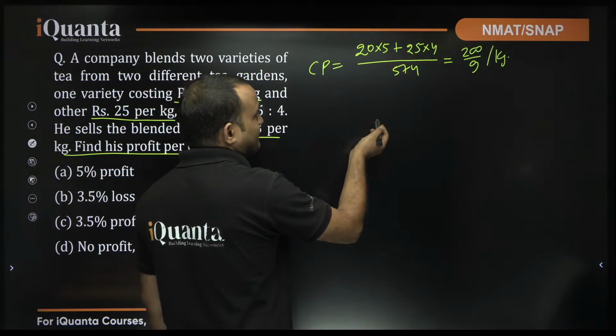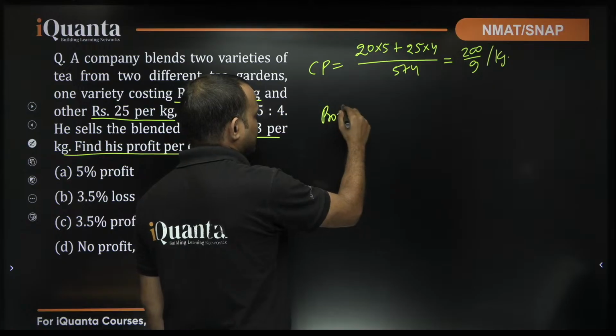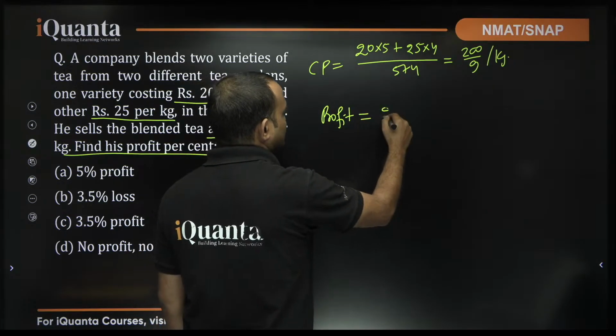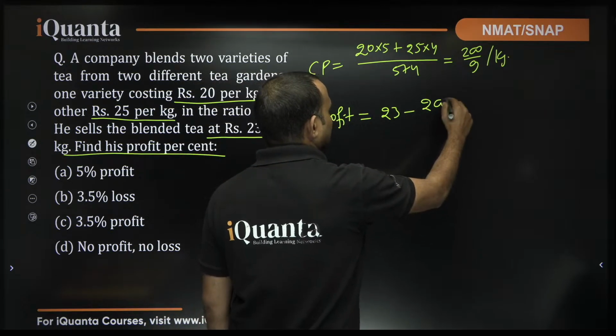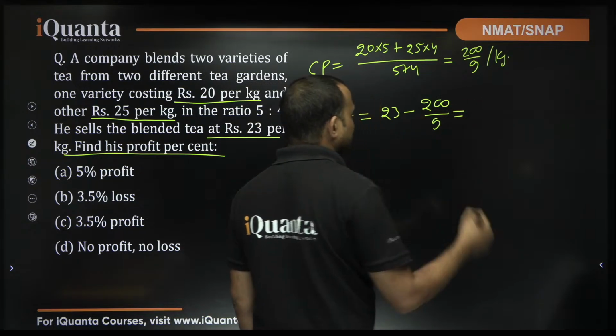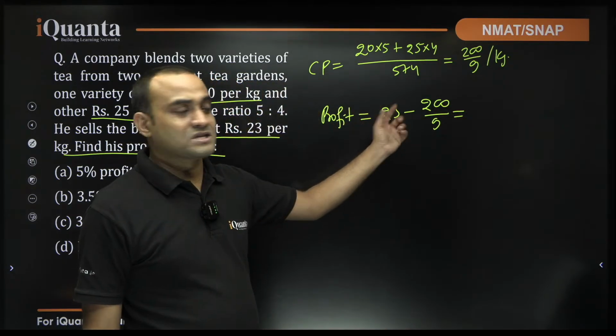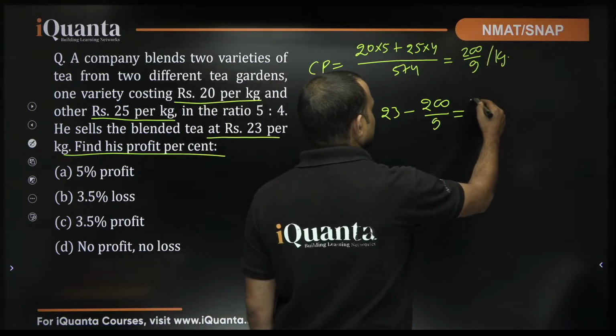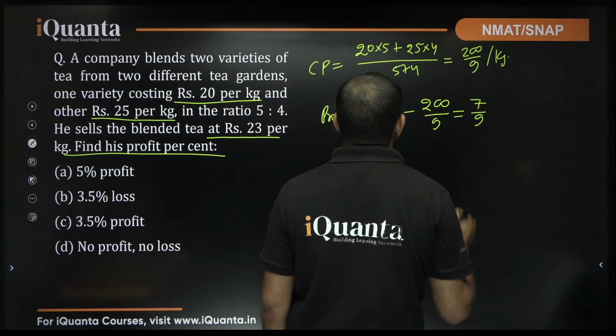So what we can say is that profit is equal to 23 minus 200 upon 9. So 207 minus 200, it's 7 upon 9. This is the profit.